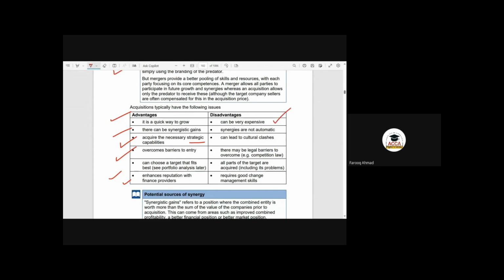Maybe they buy a company at a higher value, paying extra cost for its experience. Synergies are not automatic, and cultural clashes might occur. Their labor might have adjustment problems, or some activities may not be compatible with each other. It requires good change management.